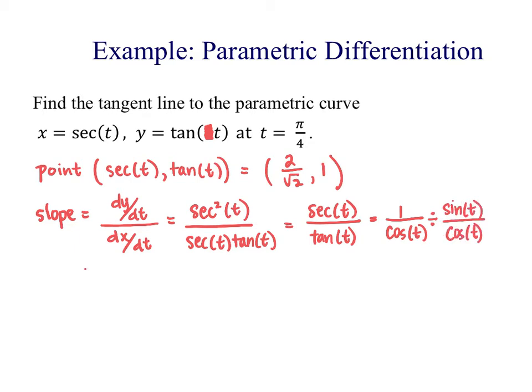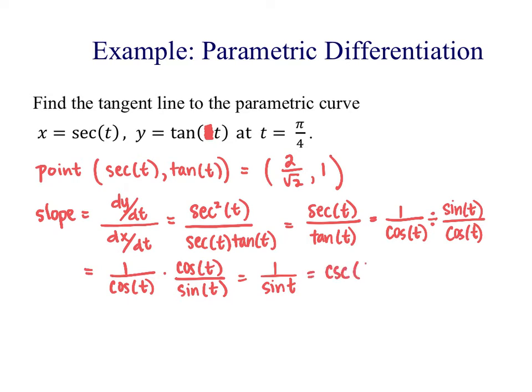All right, so we'll multiply by the reciprocal. 1 over cosine of t times the cosine of t over the sine of t, so 1 over the sine of t. So the reciprocal of the sine of t, which is the cosecant of t. All right, and we want to find this at pi fourths, and so 2 over the square root of 2.